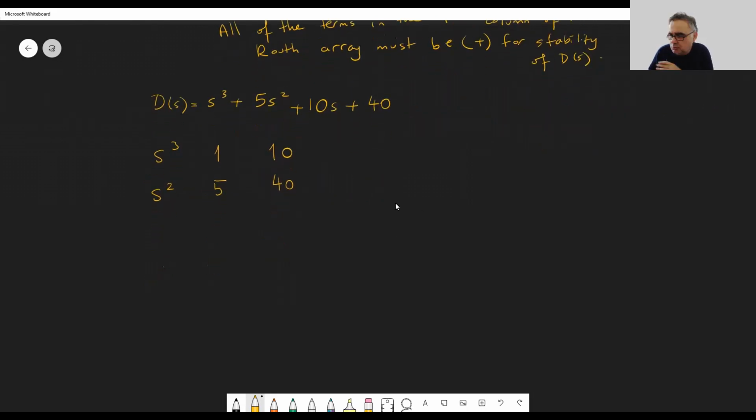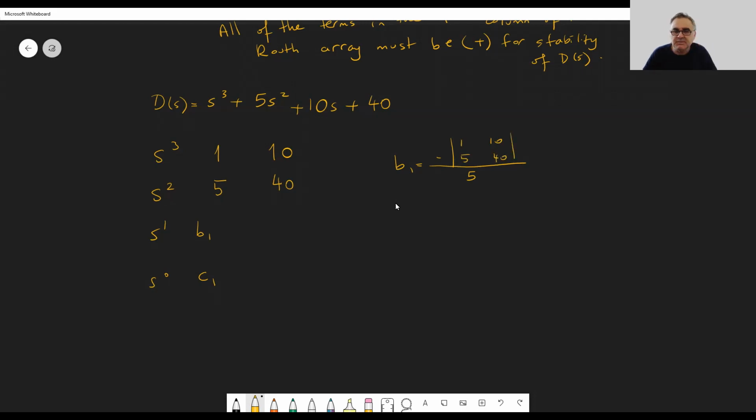You will have 2 more rows here, which I will call S to the 1, let's call this one B1, and S to the 0, let's call this one C1. These will be determined. B1 is going to be, we will divide by 5 here, the negative of this determinant, which is 1, 10, 5, 40.